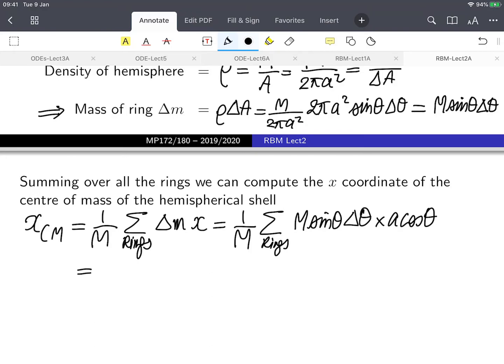So simplifications ensue. I'm left with A times a sum over all the rings of sine theta cos theta delta theta.